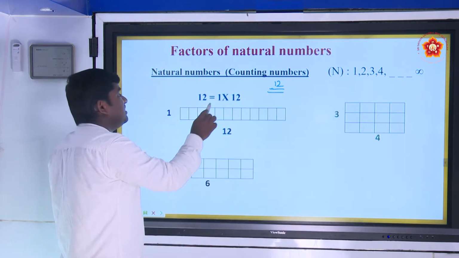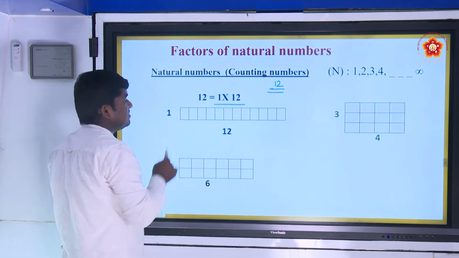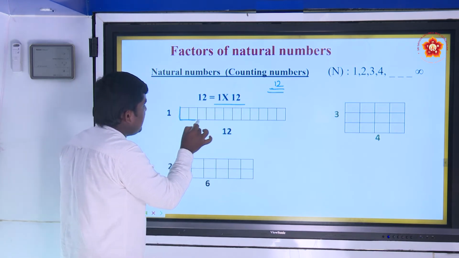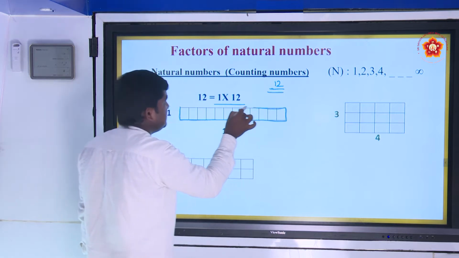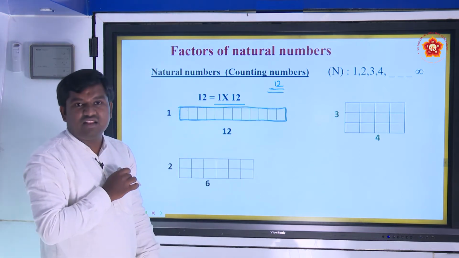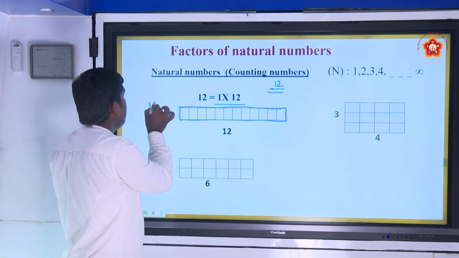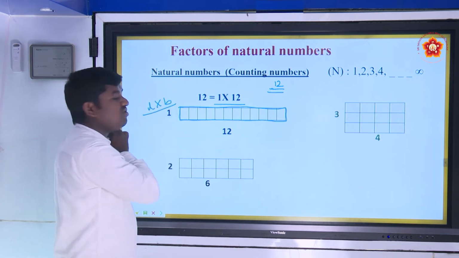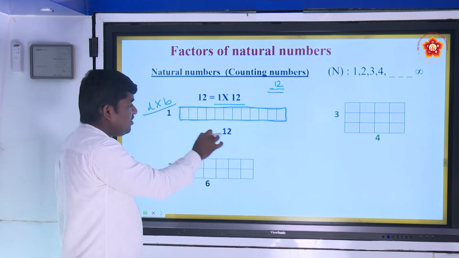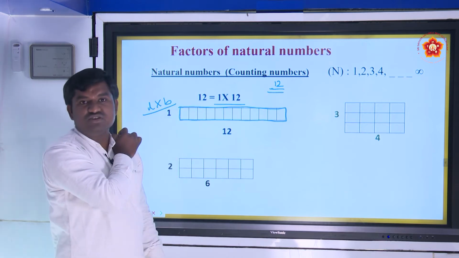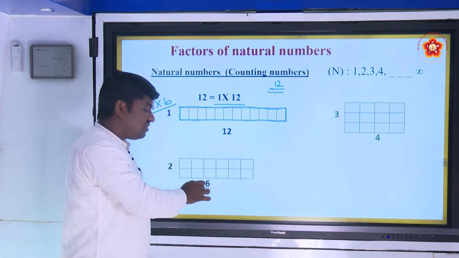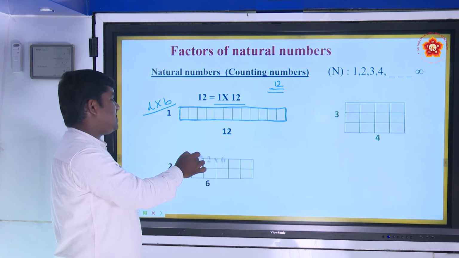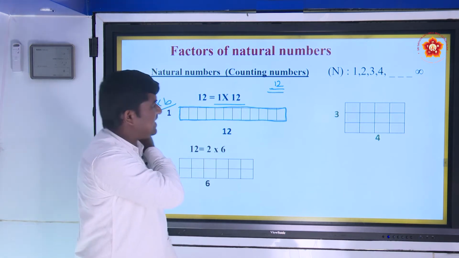Next, that is 1 into 12. See, it looks like a rectangle. What is the formula for a rectangle? Length into breadth, L into B, like that. 1 into 12, 1 into 12 is equal to 12. In the same way, 2 into 6. 12 can also be arranged like this: 2 into 6.